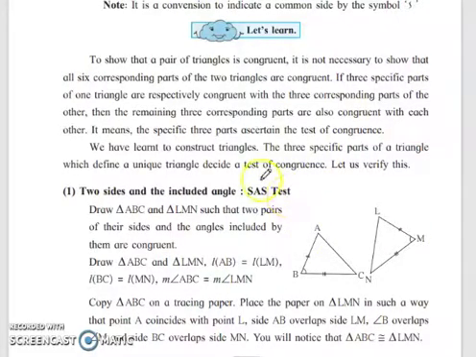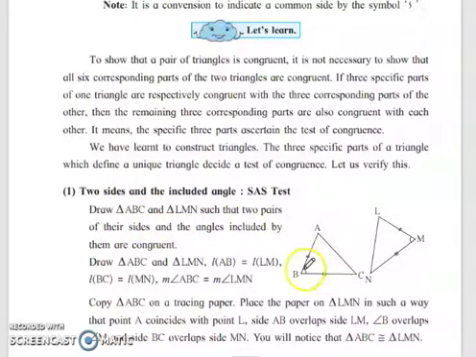Means 2 sides and one angle included in that side is congruent to 2 sides and one angle included between those 2 sides of another triangle. So these triangles will be congruent if 2 sides and in between them one angle is congruent to each other. So draw triangle ABC and draw triangle LMN such that the 2 pairs of their sides and the angles included by them are congruent.